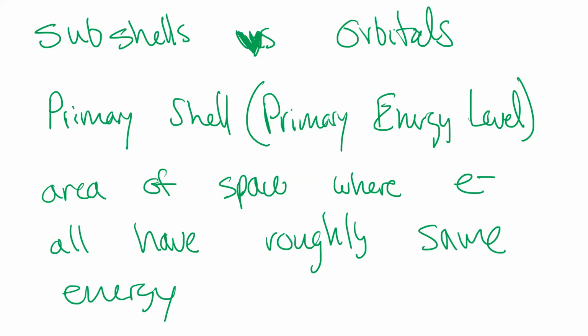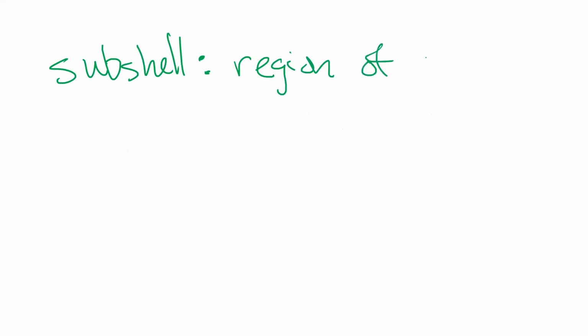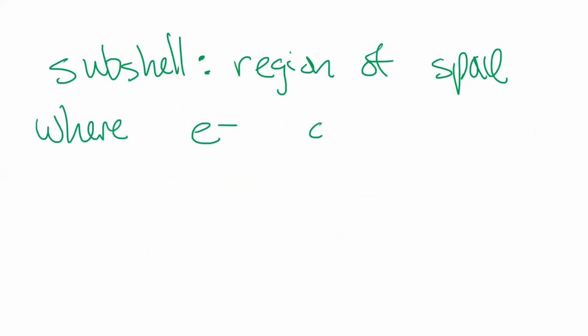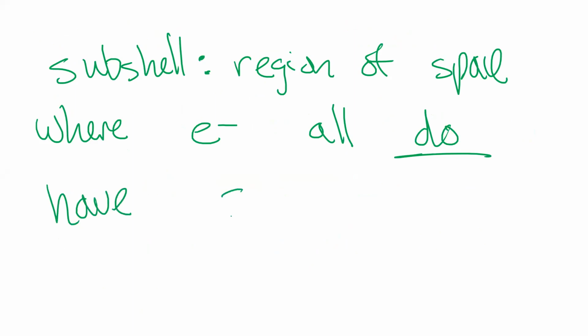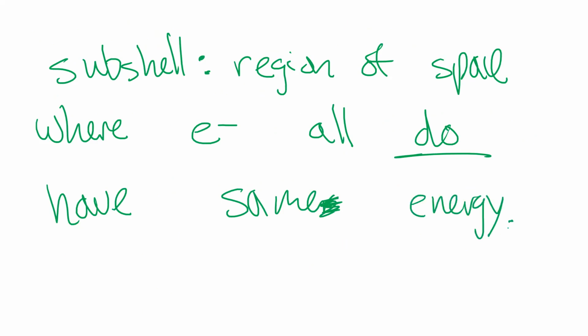From there, we get to the next thing. I'm going to move a little fast here just because I'm trying to make sure I answer this. The subshell essentially is a region of space where electrons all do have the same energy. So it's no longer approximately the same. They do have the same energy. But the electrons don't actually exist specifically in the subshell.